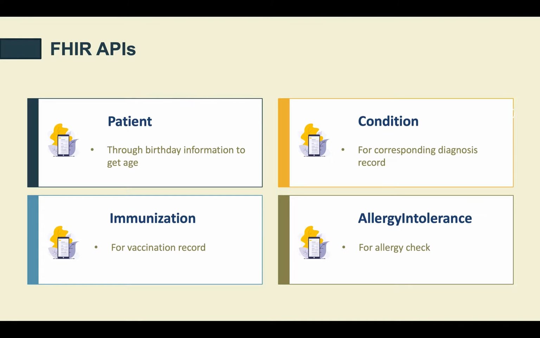For the immunization API, we can get the vaccination code records. And for the condition and allergy APIs, we can get the special conditions and allergies of this patient. So maybe some vaccines are not recommended because of conditions or allergies.